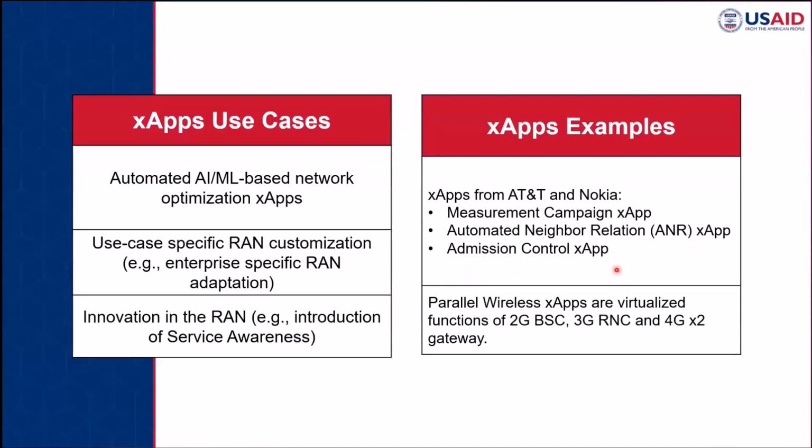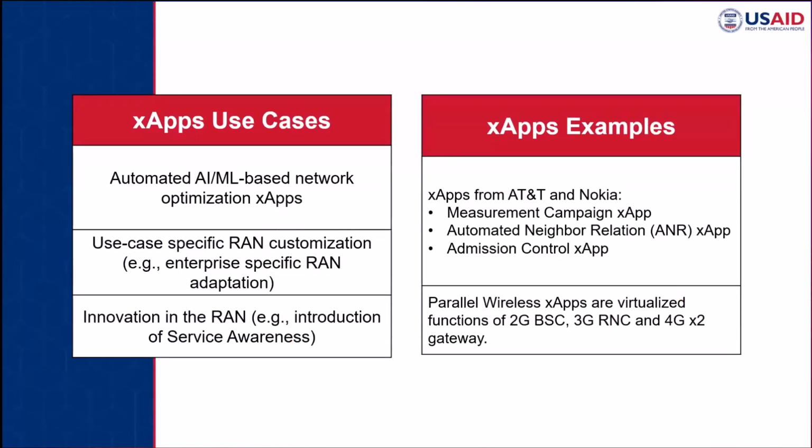And in some cases, there are virtualized functions for 2G, 3G RNC, and 4G and 2G gateway for other vendors. The use cases we discussed earlier include power saving, network slicing, and traffic steering.